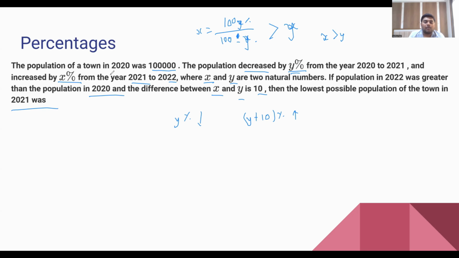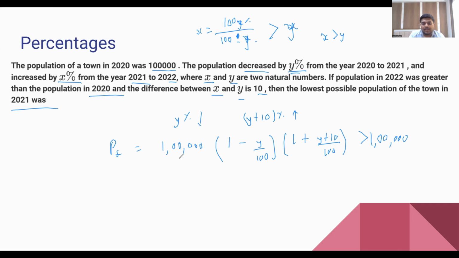Now, the final population would be PF is equal to 1 lakh into (1 minus y by 100) into (1 plus (y plus 10) divided by 100). And this has to be greater than 1 lakh. Now, I am not cutting down 1 lakh and 1 lakh because the values will be useful for us.